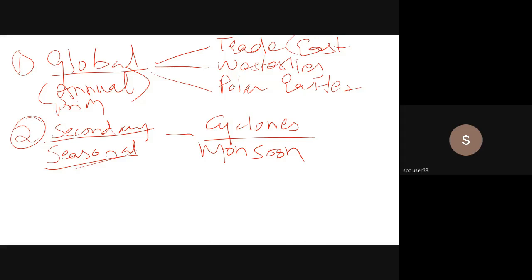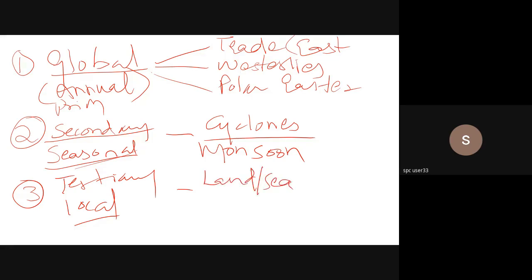And third is what are called tertiary. These are local winds. Local winds, you'll see that land and sea will be in a group, valley and mountain. I would not go into the details of how they operate.